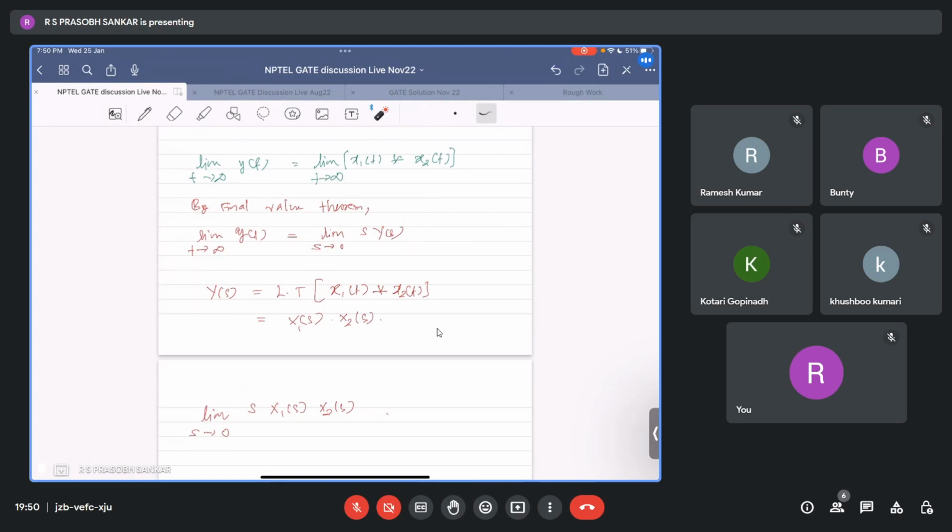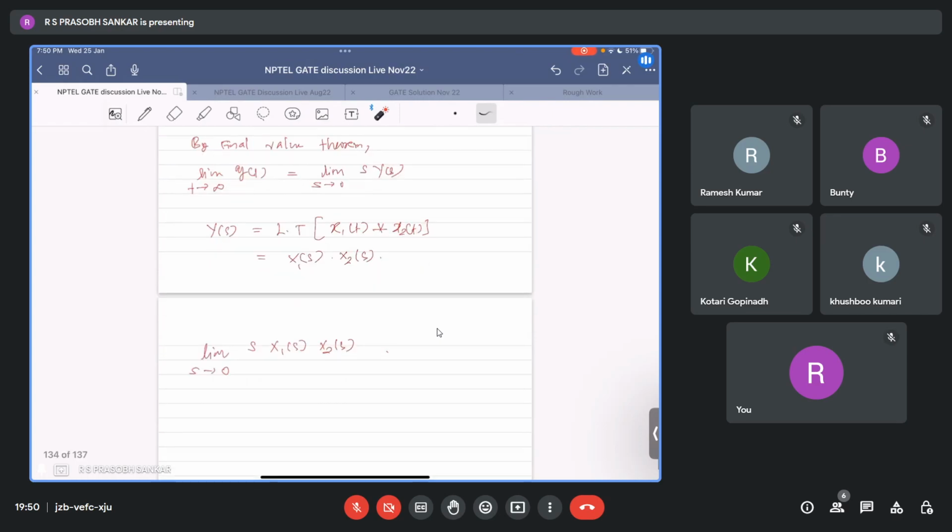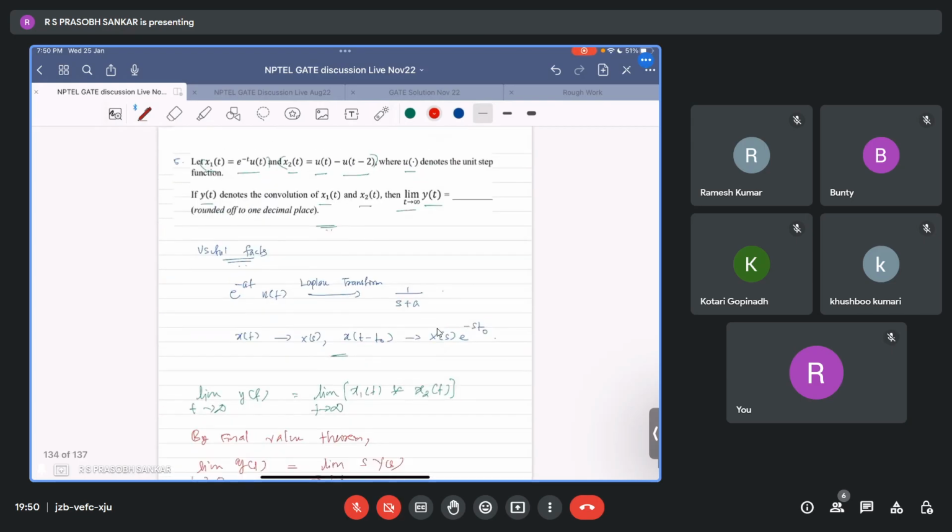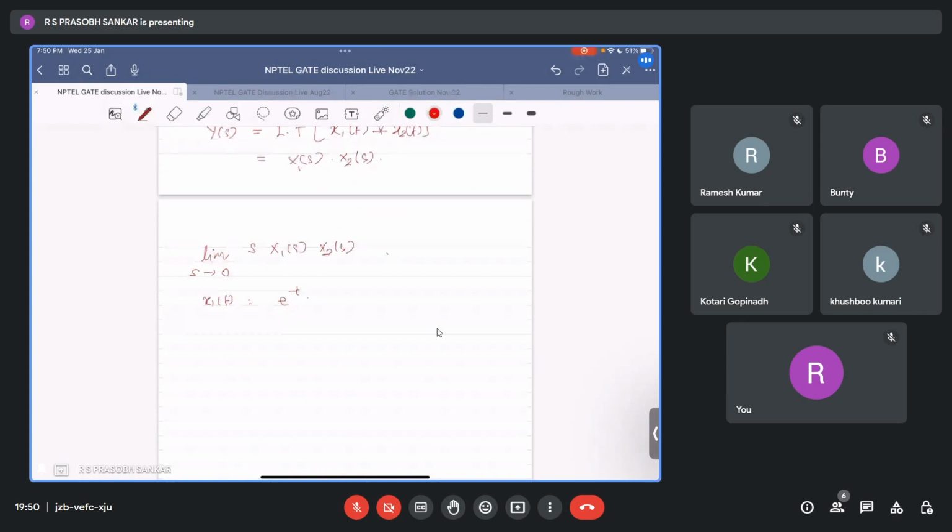If the limit doesn't exist or things like that, then this final value theorem is not valid. But let us suppose that we can evaluate this. Let's see how to do that. x1(t) is e raised to minus t u(t).